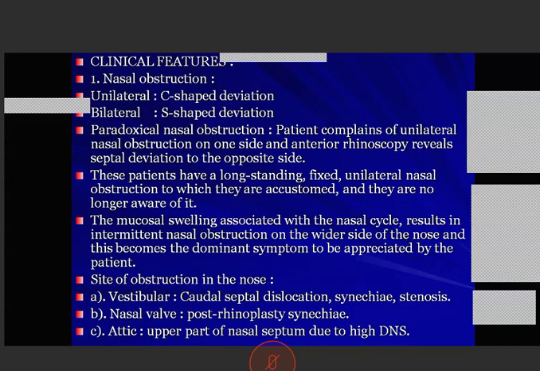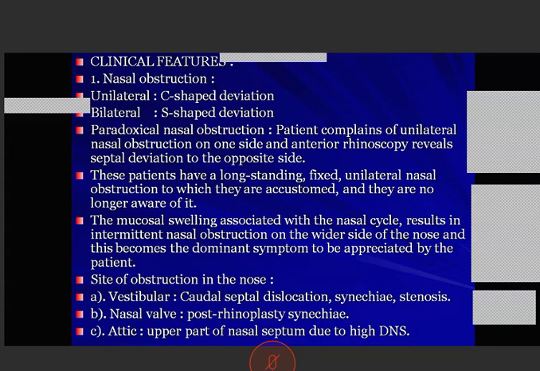So the obstruction of the nasal valve area, post rhinoplasty, synechiae: if the post-operative follow-up is not good, you may have synechiae. And attic, the upper part of the nasal septum. Attic is the upper part, so always attic, whether in the middle ear or the nose, means upper part.